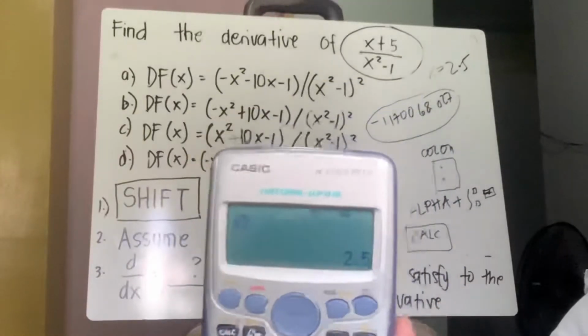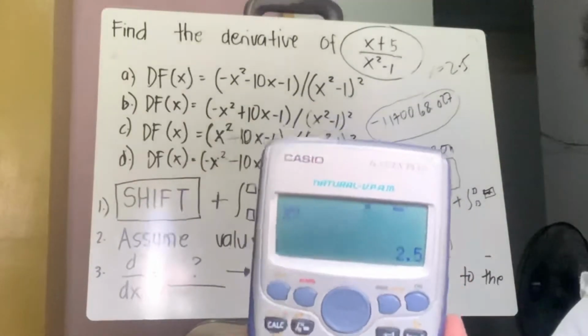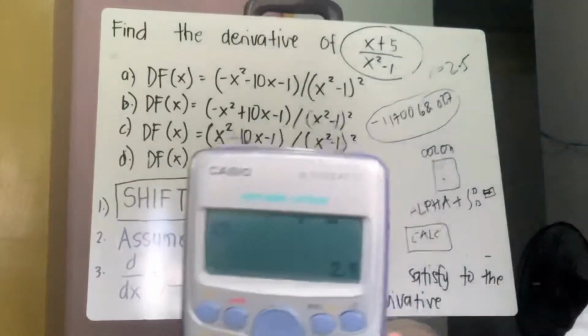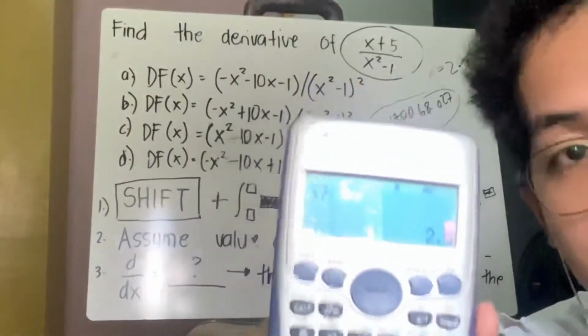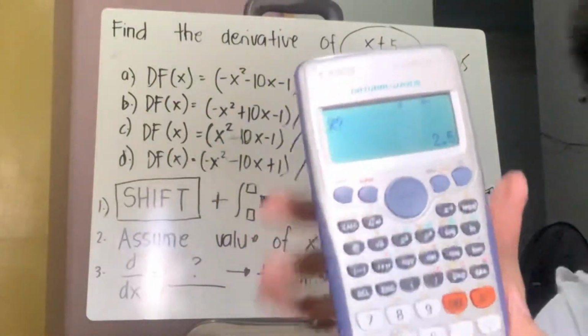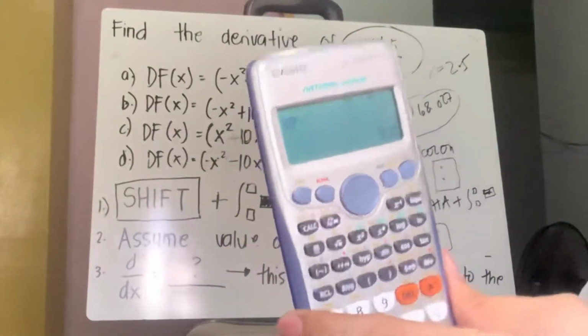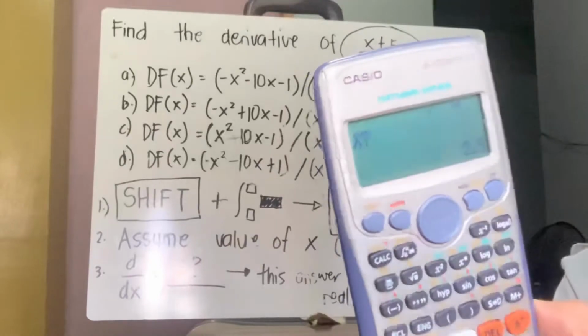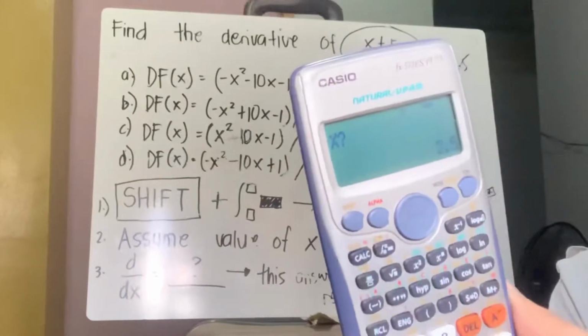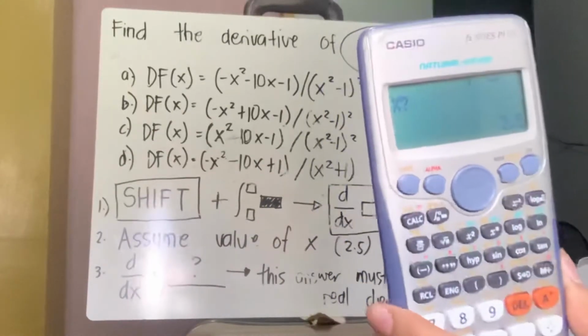As what we inputted before, it was 2.5, right? That is also what we input in our calculator now. So you just have to do this, and then click this equals.